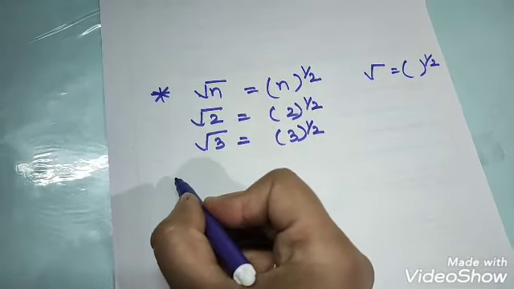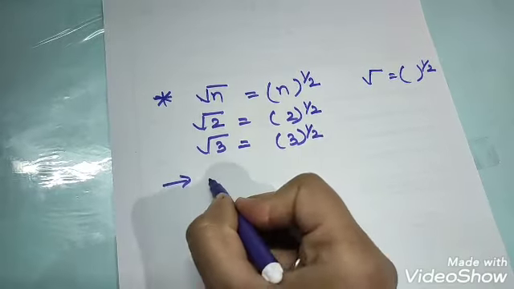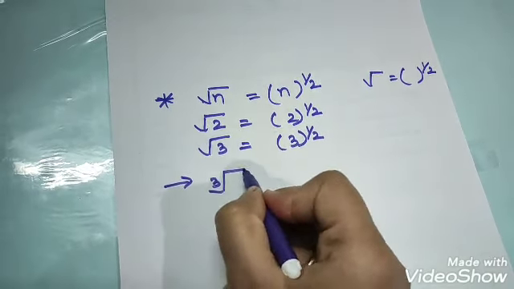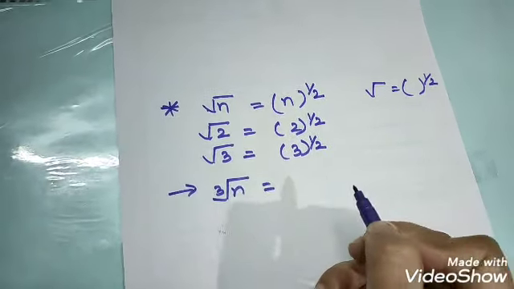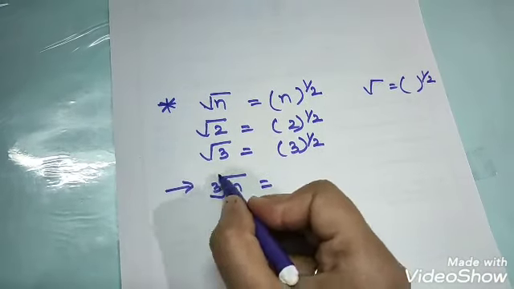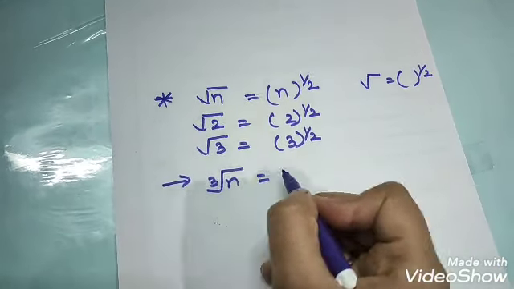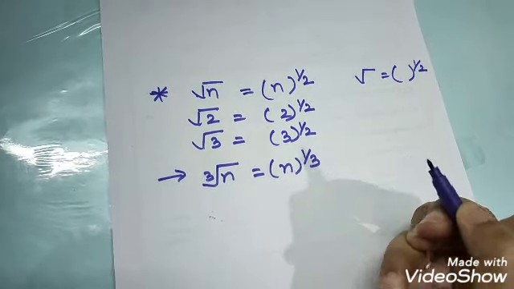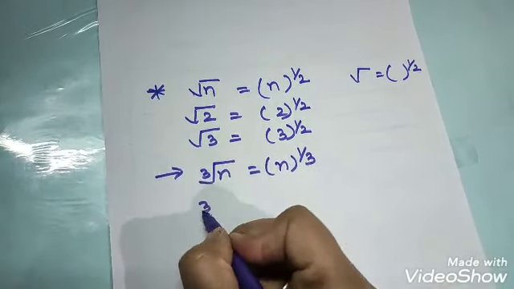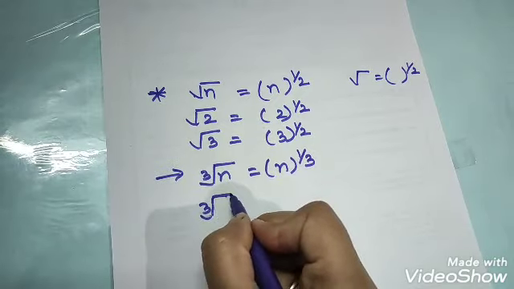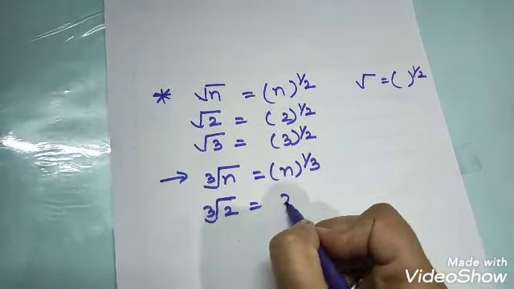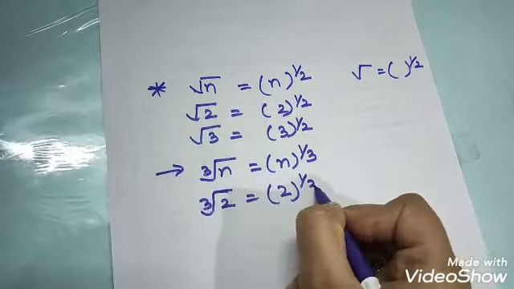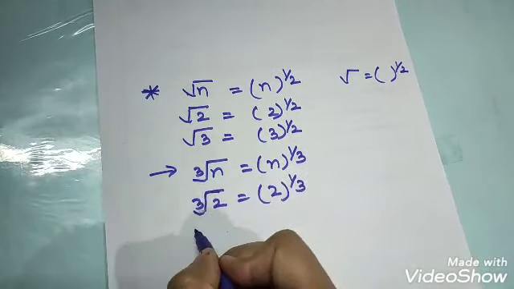Now, if I am writing the n-th root, what does it mean? Now, it is a cube root. That means it can be written in the form of the power 1 by 3. Similarly, cube root of 2 means 2 to the power 1 by 3.